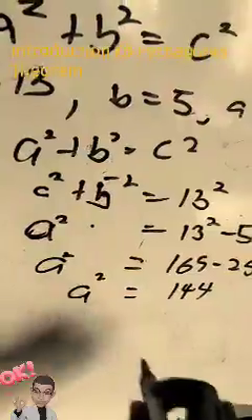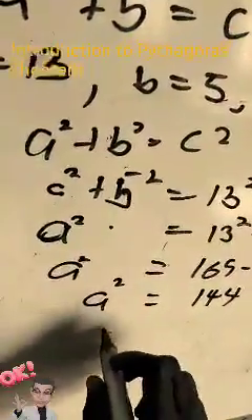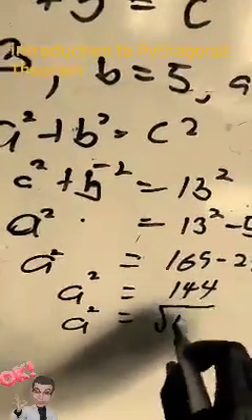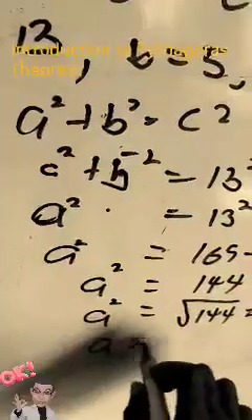Finding the square root of both sides in order to get the value for A, the square root of 144 is 12, and then our A is 12 units.